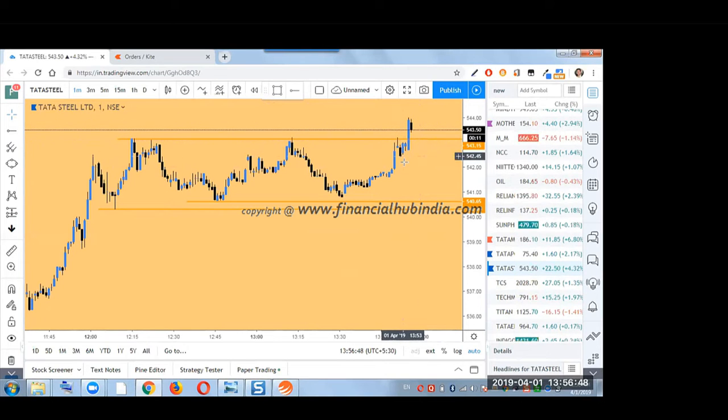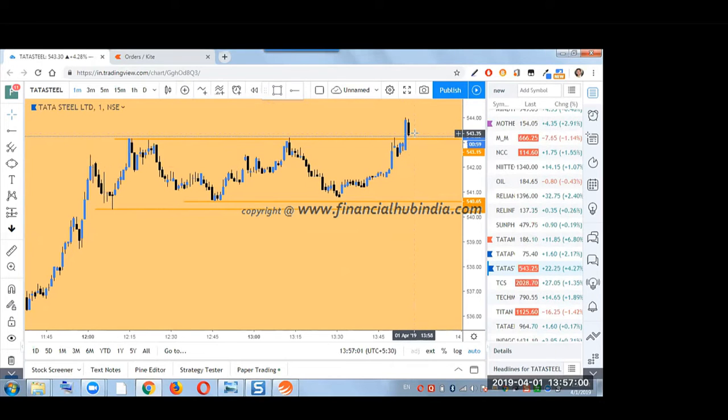Anyhow, our stop loss is lying below this for now, and I'm not trailing my stop loss now because I'm looking for further moves in here. So far, if we are exiting this trade right now, you're still making more than 1:3 because the high is around 544.